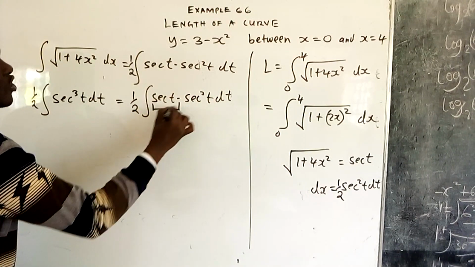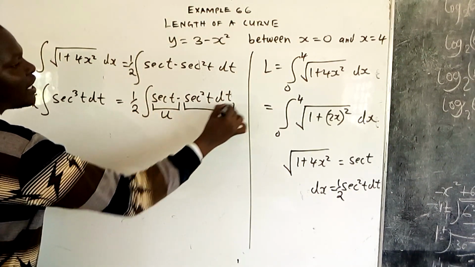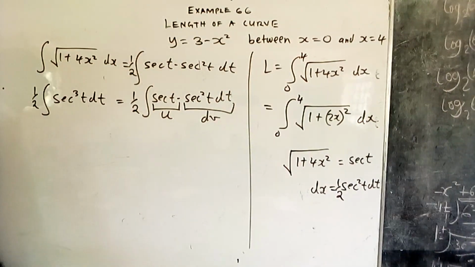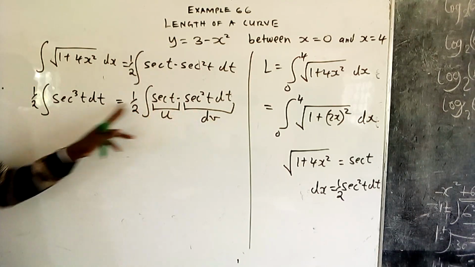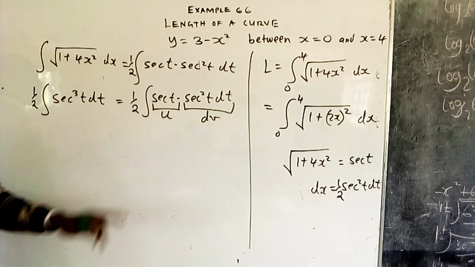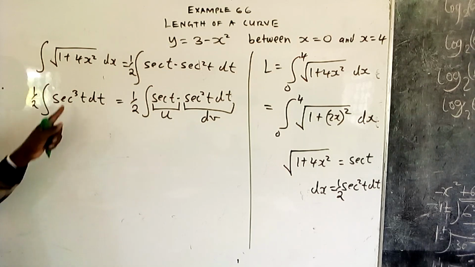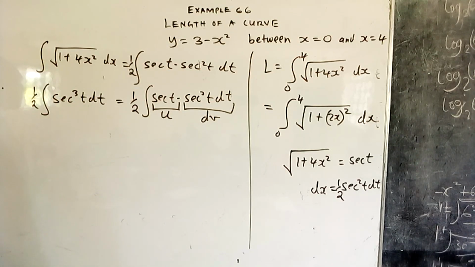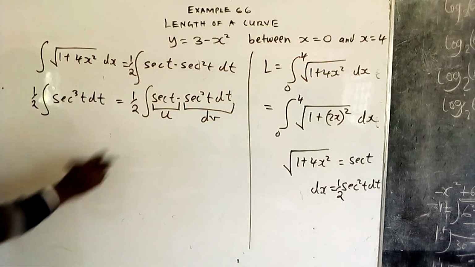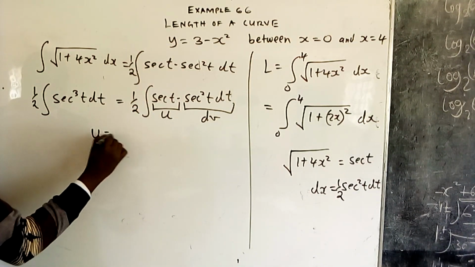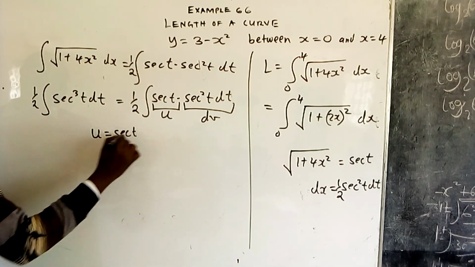So this is integration by parts, u dv. We show that if we use integration by parts by manipulating it in this manner is when we can get the integral of sec cubed t. Is that okay? So start. What is u? u is equal to sec t.